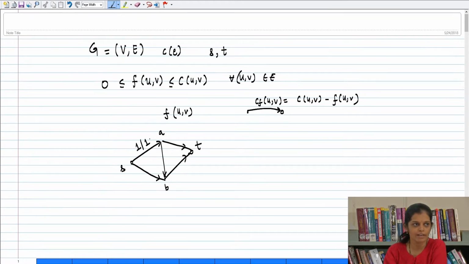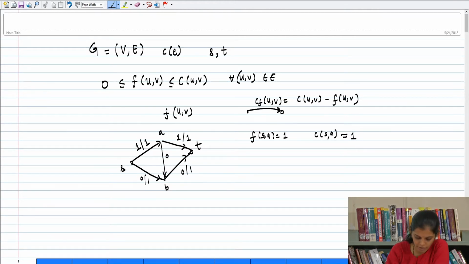So this 1 over 1 says that the flow value f(S,A) is equal to 1 and c(S,A) is equal to 1. The number after the slash says that this is the capacity. Similarly, maybe I sent 1 unit across this and I sent 0 unit across this, 0 unit across this, right. So this could be the way I would have sent my flow.